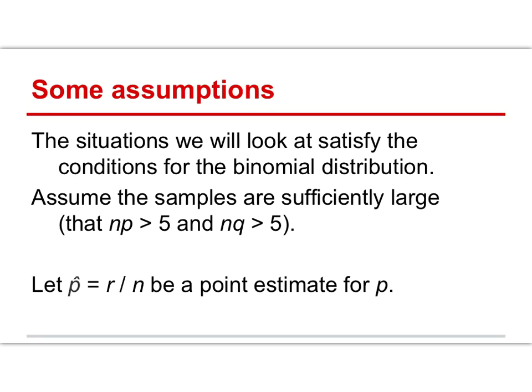In all of the problems that I'll be giving you, that will be the case, so you do not need to worry about that, but keep in mind that it is necessary to show that these conditions are true. And so, as we've done before, we will define p hat as r over n, successes over the total number of samples, and let that be a point estimate for p.